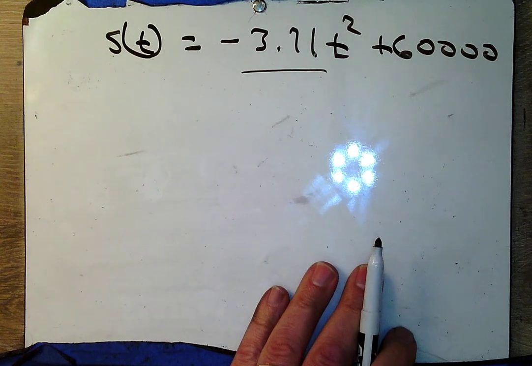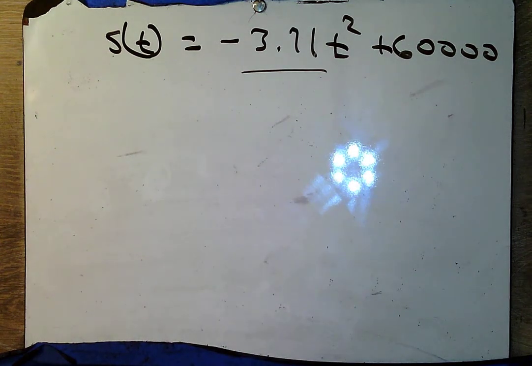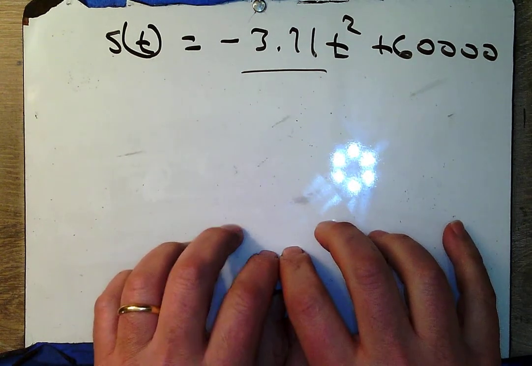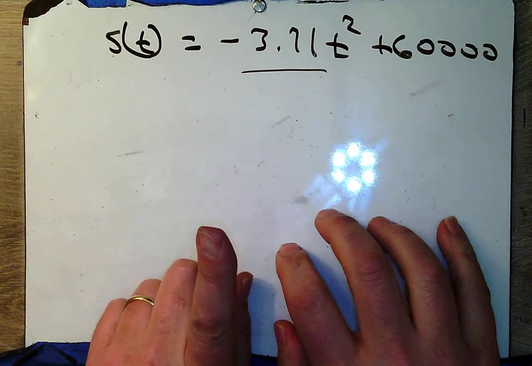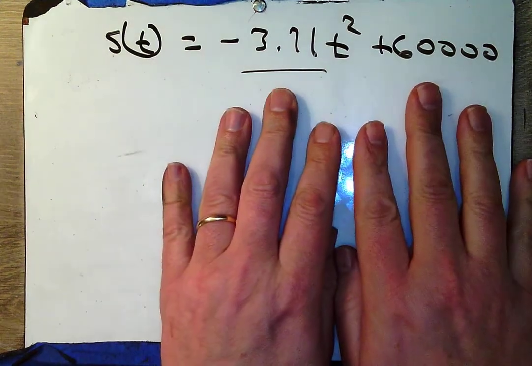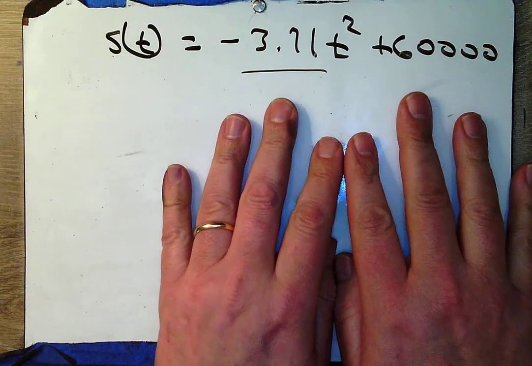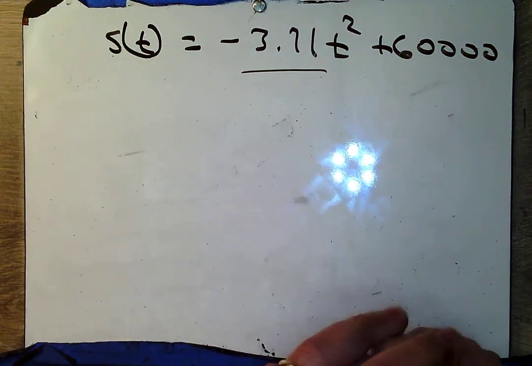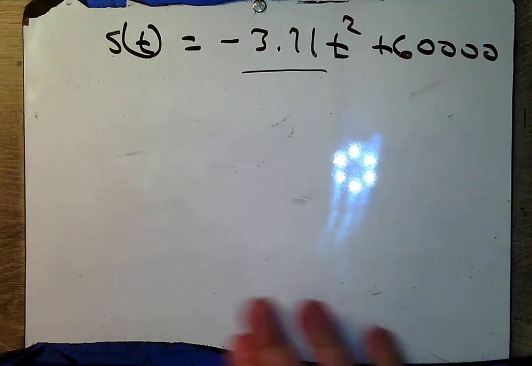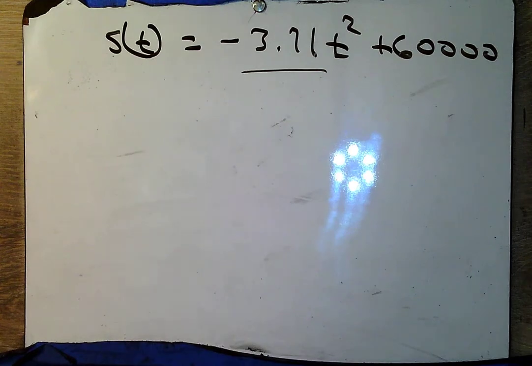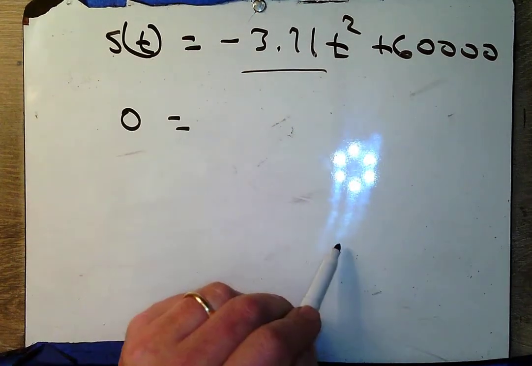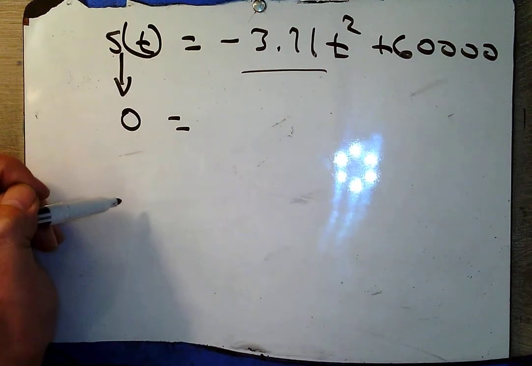But because one of the engineers, when they were typing in the long string of numbers, was off by one digit, instead of landing on the surface of Mars, this seems to have crashed into the surface of Mars. So what I'd like to do is use this position equation to find out how long it takes for position to equal 0.